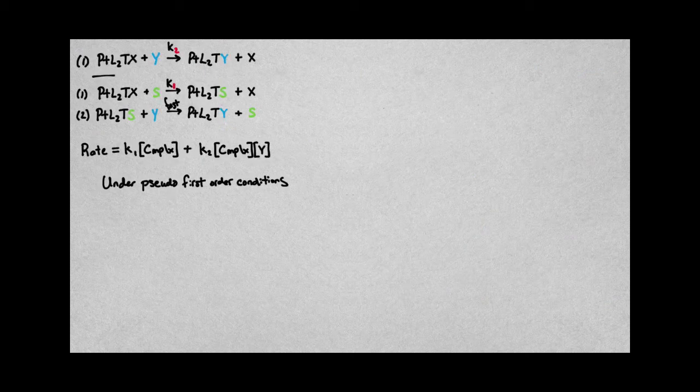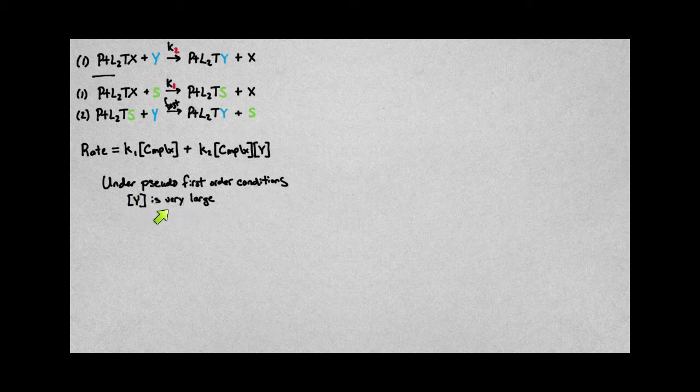Okay, so now let's talk about how we can determine the values for the rate constants K2 and K1 in these types of substitution reactions, as well as what is the dependence of the rate of these reactions on the incoming ligand Y. What you do is set up several reactions under pseudo first order conditions. In other words, conditions where the concentration of Y in the reaction is very large.